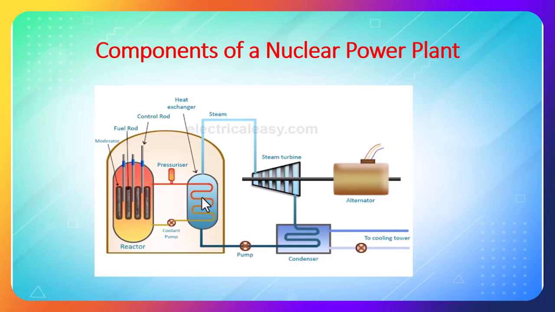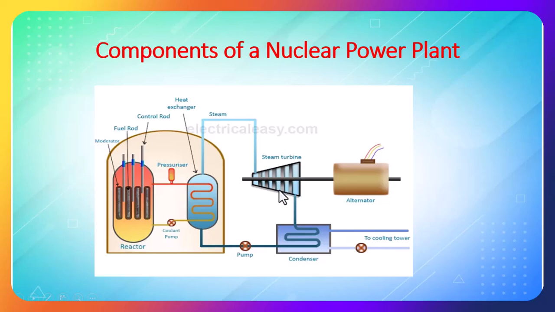So the components we are seeing are the moderator, the fuel rod, then control rods, and the heat exchanger. From this heat, it is transferred to water, so we call it a heat exchanger. Then we will use three pumps. One is a coolant pump, one is a pump for pumping your back steam into your heat exchanger. Then after the condenser, if I want any external cooling towers, I will have a pump here.